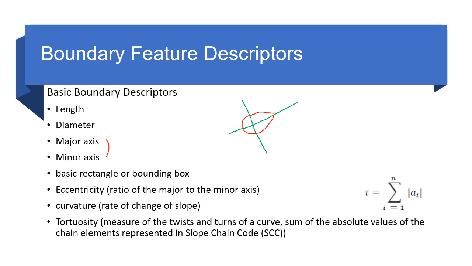Then we could obtain the length and direction of the major axis and of the minor axis using Hotelling or eigenvector transformation.